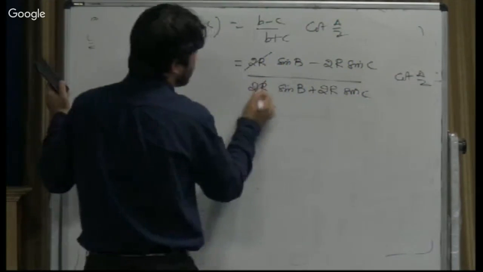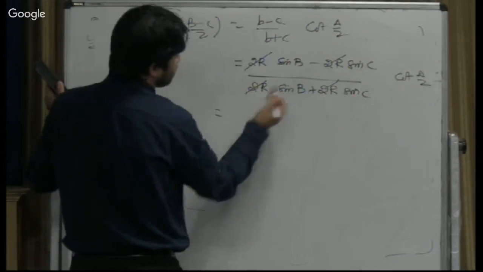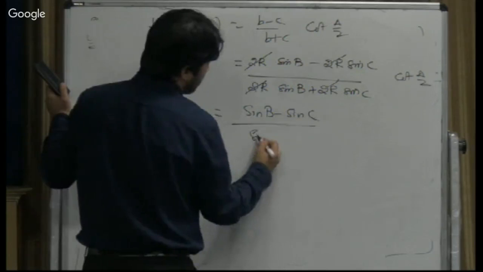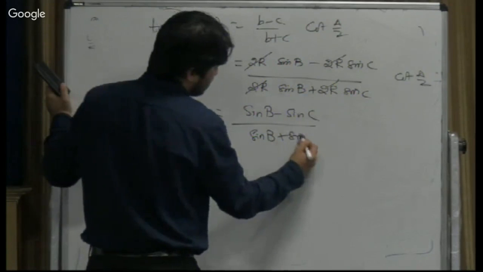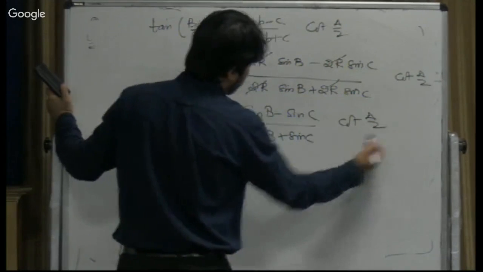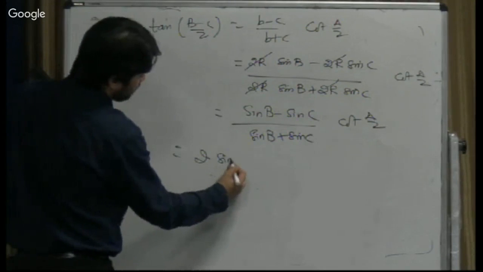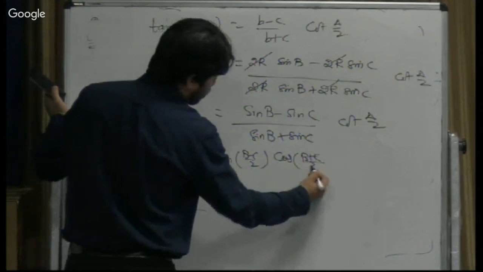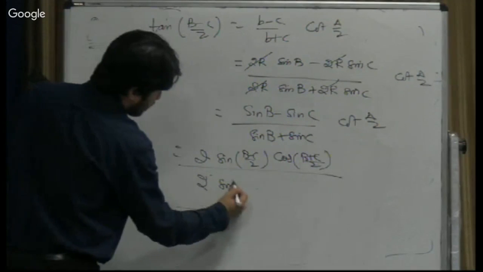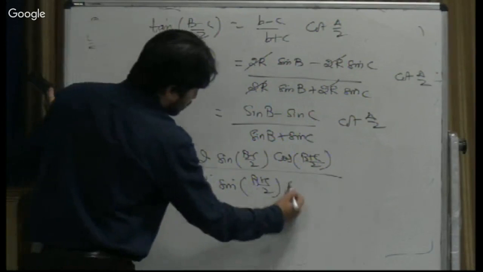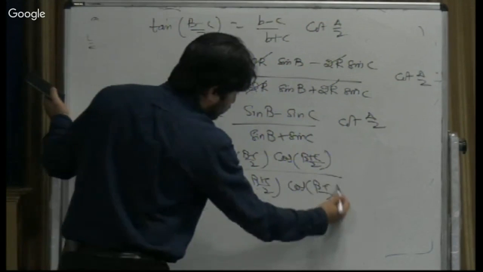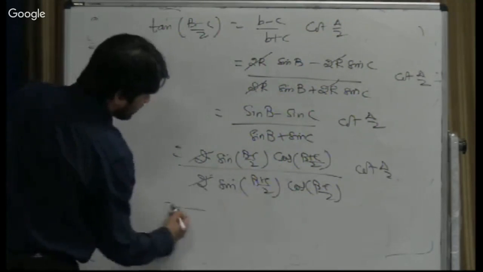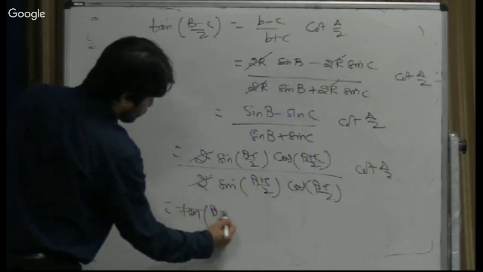I got rid of 2r and I simply wrote it sine b minus sine c upon sine b plus sine c into cot a by 2, which eventually gave me 2 into sine (b minus c)/2 into cos (b plus c)/2 upon 2 into sine (b plus c)/2 into cos (b minus c)/2 into cot a by 2, which eventually gave me, 2 cancel, tan (b minus c)/2, which was on my left side.